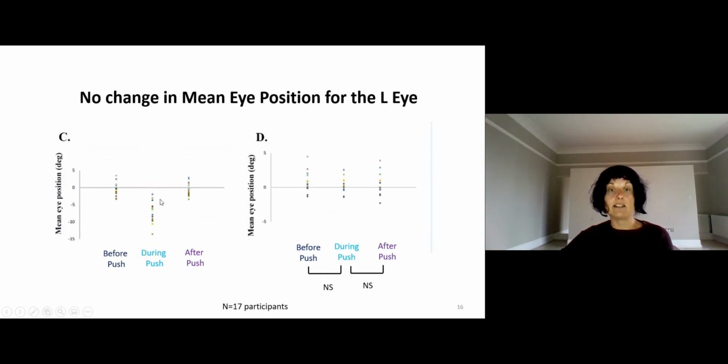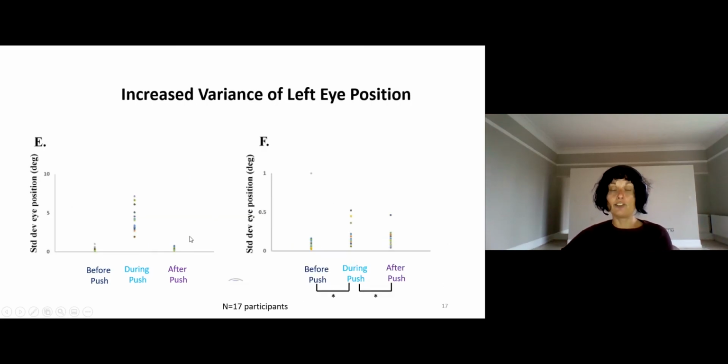There's a clear difference in mean eye position for the right eye during the push and the two baselines before and after the push. We don't see a significant change in mean eye position for the left eye, and this is an average over 17 participants. In the standard deviation, however, we see that the left eye is less stable while the right eye is pushing.